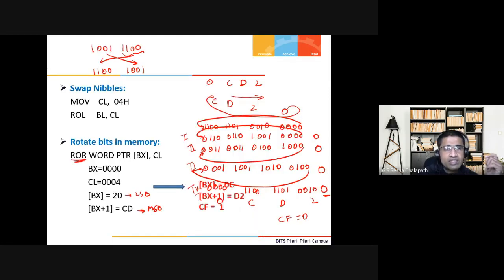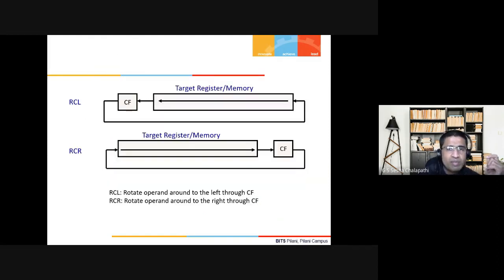However, in RCR and RCL, the MSB will go into the carry flag, and the previous carry flag will go into the LSB in the case of RCL.